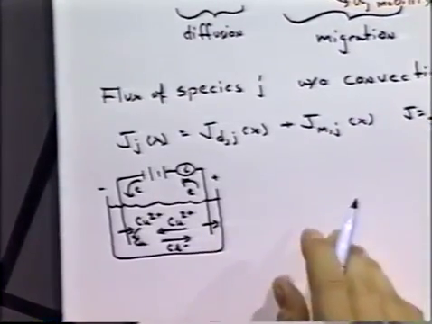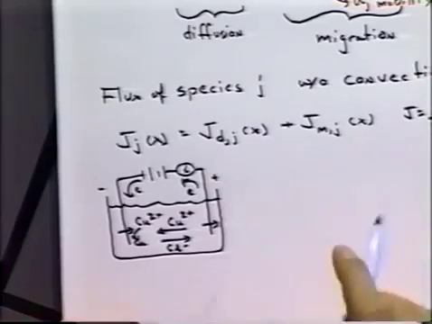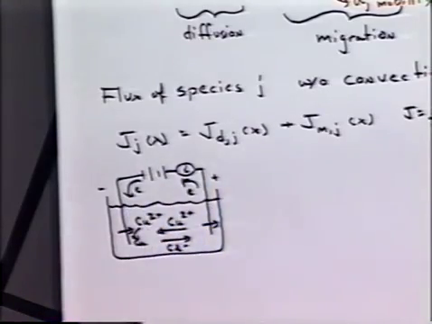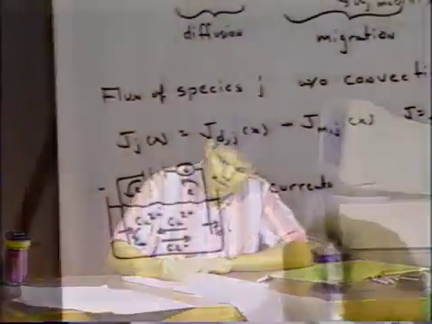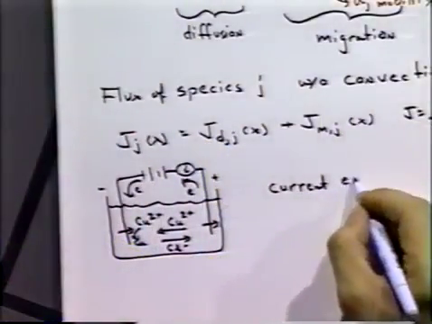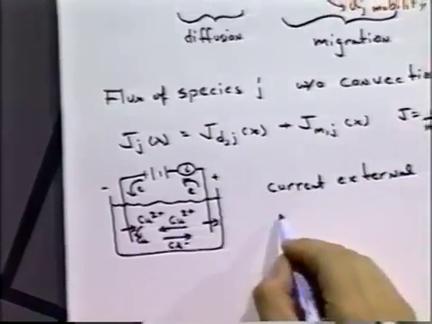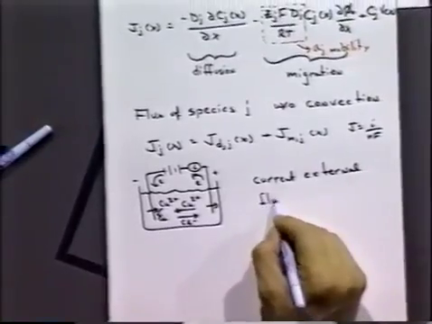So let's suppose we have chloride ions in solution. In order to get current to flow through our external circuit, we have to have ions moving inside the cell. So the current that we measure externally is flowing internally, and it's carried by the flux of solution species.